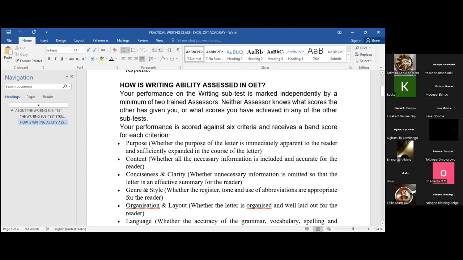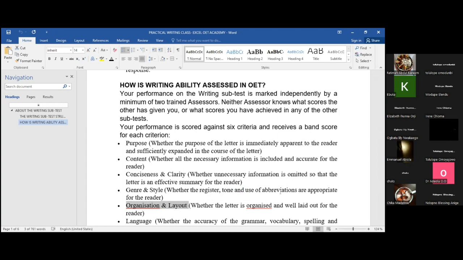So the fifth criteria here is organization and layout. So your organization and layout. So how the letter is organized. For example, I'm supposed to write an introductory paragraph after writing my heading. And then I just started my first paragraph with Mrs. Larry presented today. I didn't give any introduction. It shows that the person is not organized, because at the beginning of your paragraph, the first thing you should write is an introduction.